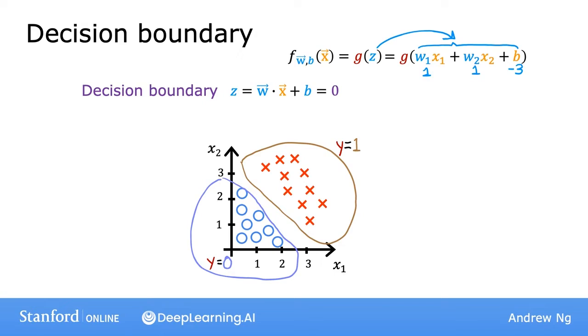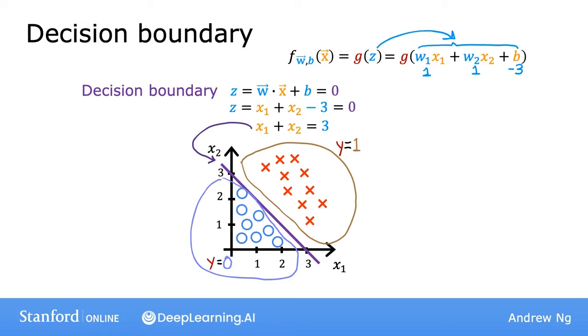Now, for the values of the parameters w1, w2, and b that we had written down above, this decision boundary is just x1 plus x2 minus 3. And so when is x1 plus x2 minus 3 equal to 0? Well, that will correspond to the line x1 plus x2 equals 3. And that is this line shown over here.